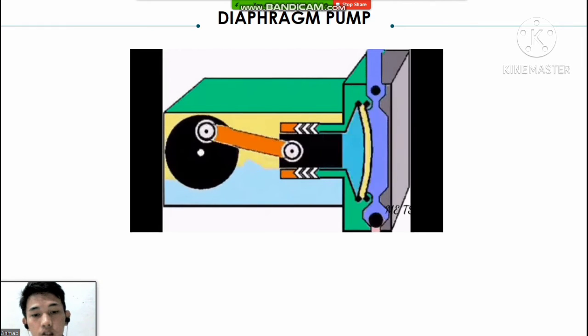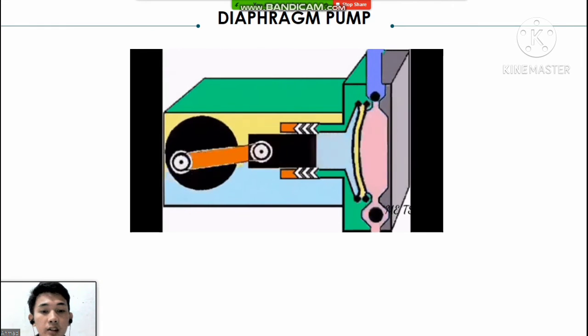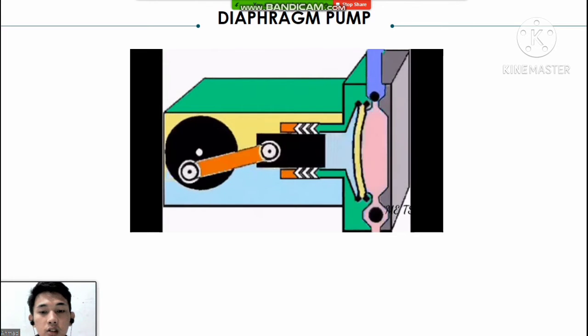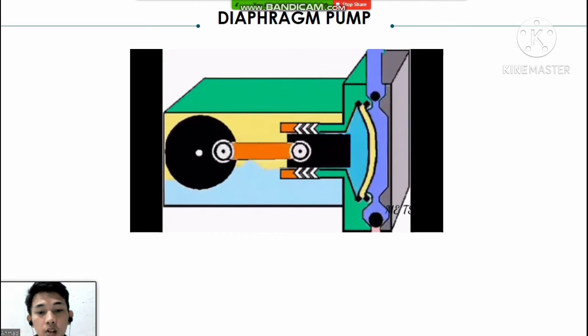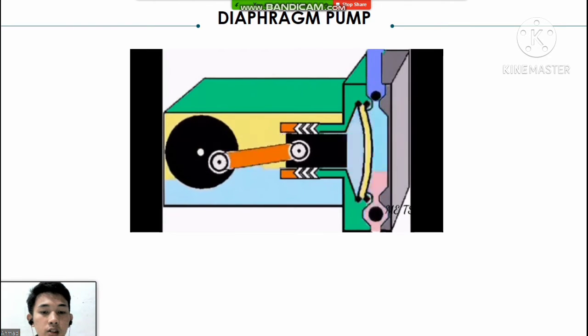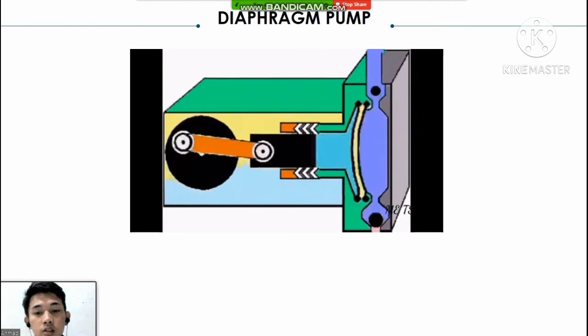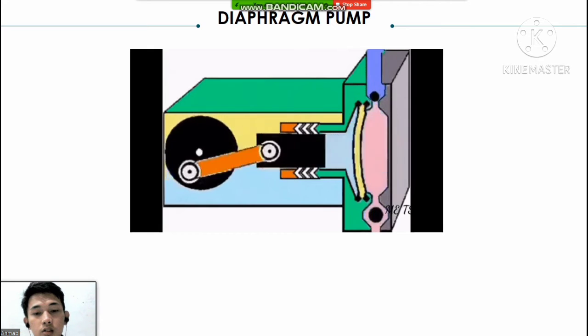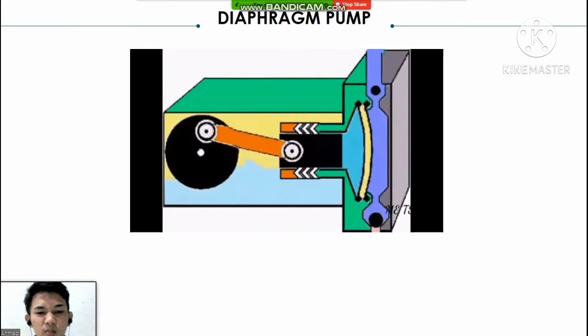So finally, the diaphragm moving up once again draws fluid into the chamber, completing the cycle. This action is similar to that of the cylinder in an internal combustion engine.